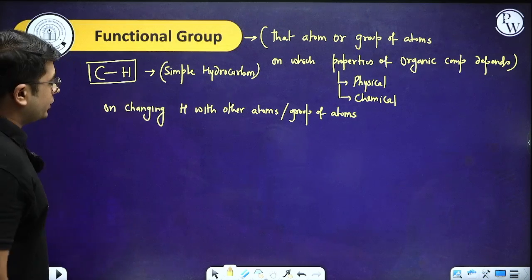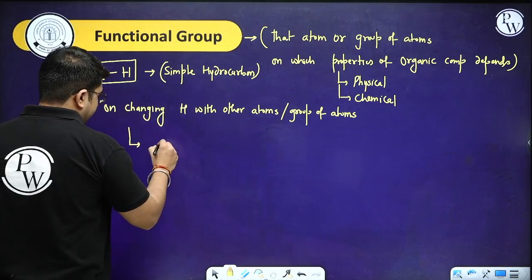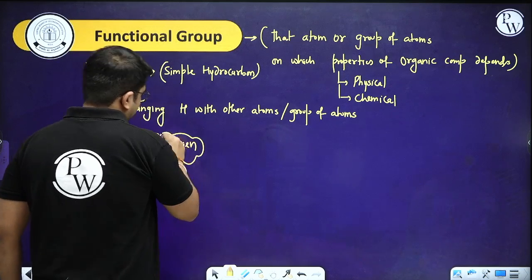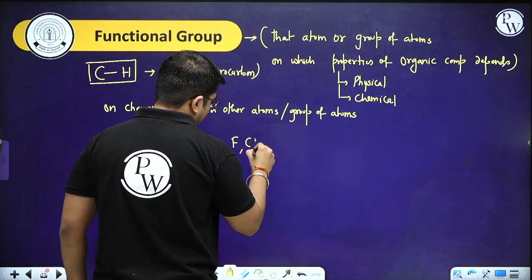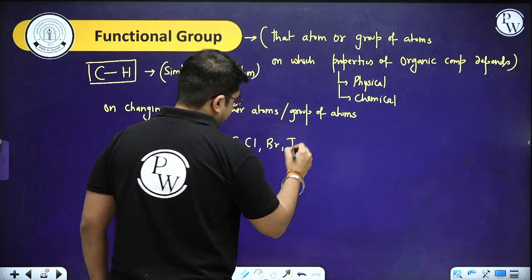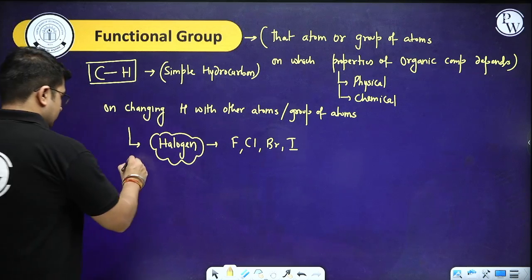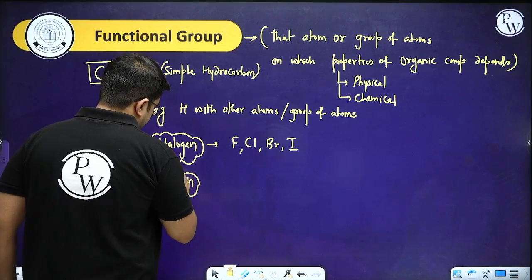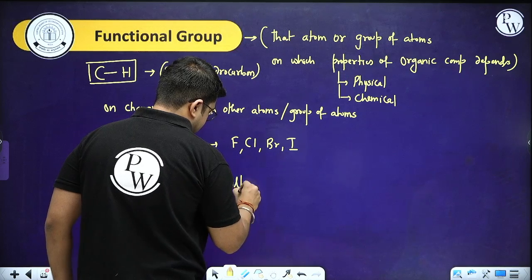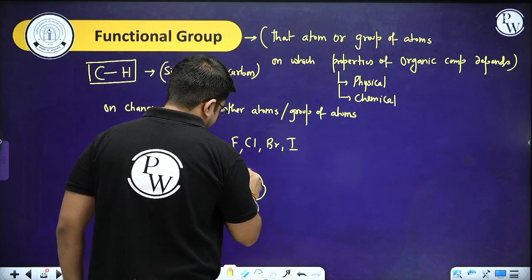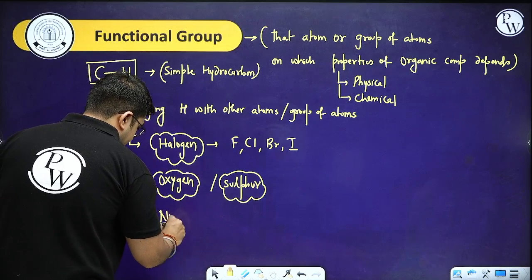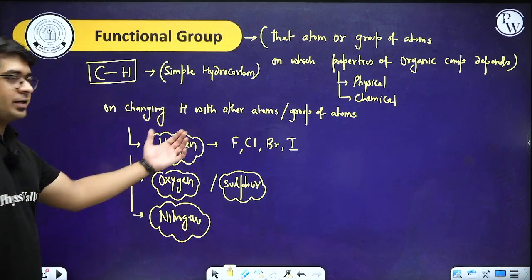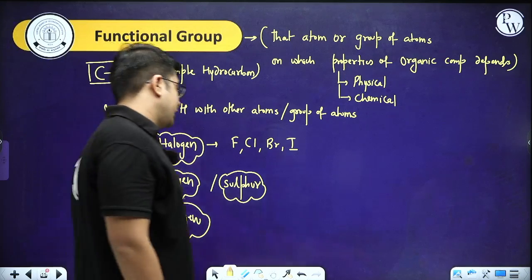Now in this particular case, it can be any type of halogen: fluorine, chlorine, bromine, iodine. It can be oxygen, or even sulfur, or nitrogen. So depending upon whatever species you are choosing, we have different types of functional groups.